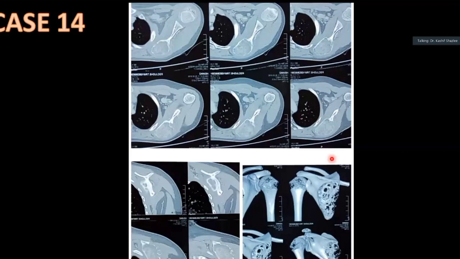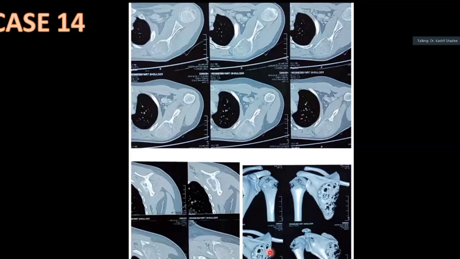Patient with shoulder pain, chronic shoulder pain, and CT was done for the primary diagnosis. And everyone can see that there is a circumscribed expansile lytic lesion arising from the medial border of the left scapula.